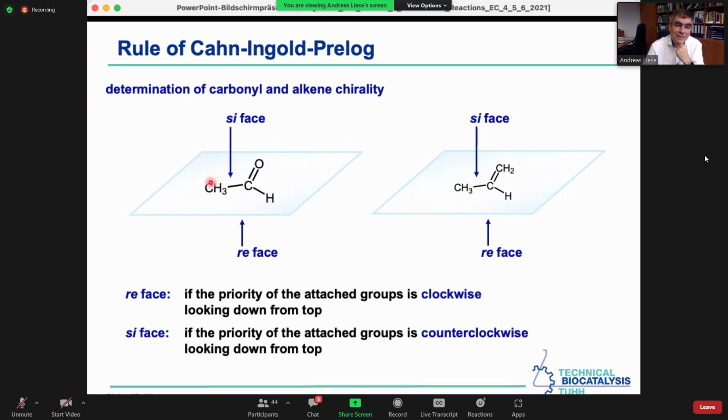Then the second one is a carbon, because heteroatoms are counting higher, so it will be 1, 2, 3. And in consequence, we can determine a direction of travel.